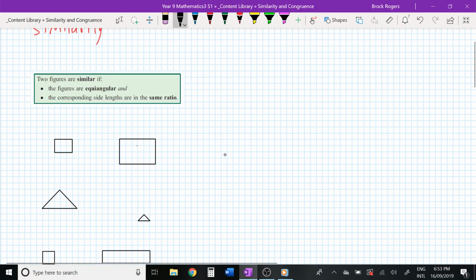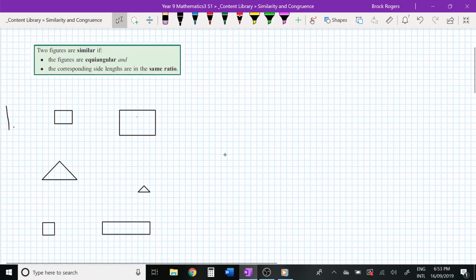Looking at the examples here, first example, we have two rectangles where we have a width of 3 and a length of 2 for the first rectangle, and a width of 6 and a length of 4 for the second rectangle. What we're trying to prove here is that the second rectangle is just an enlargement of the first rectangle. So we have effectively the same shape, but the rectangle has either been condensed or enlarged.